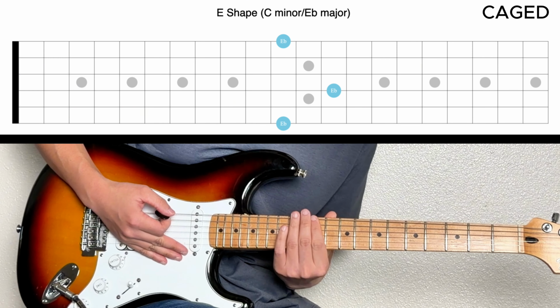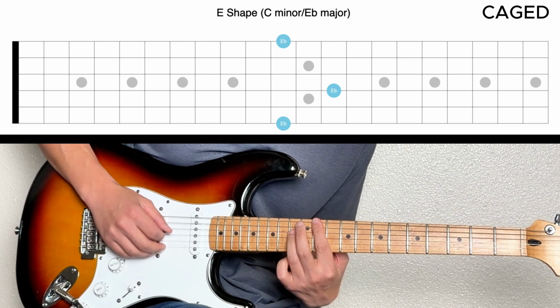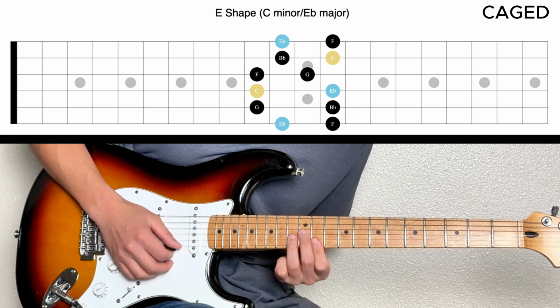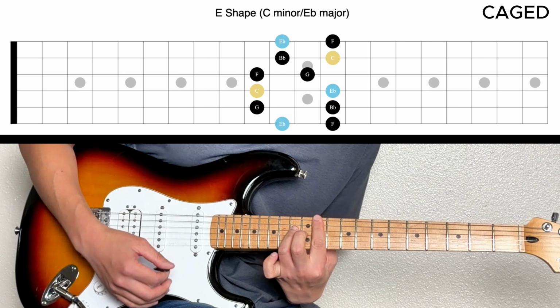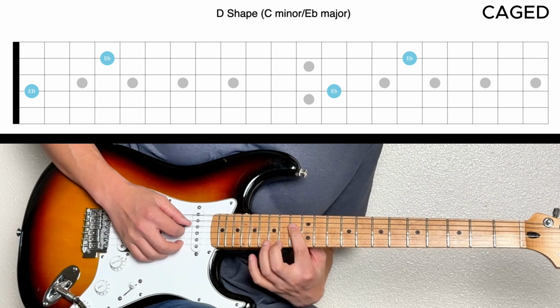Now here is the E shape of E flat. And now here is the D shape of E flat.